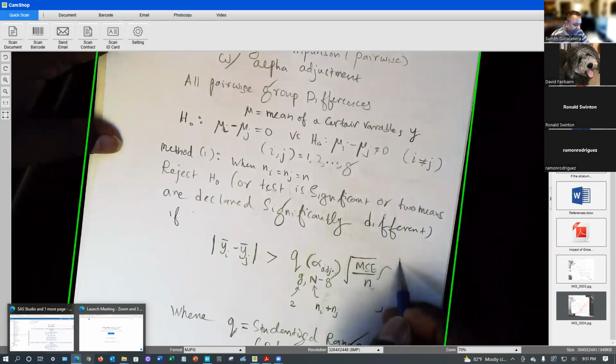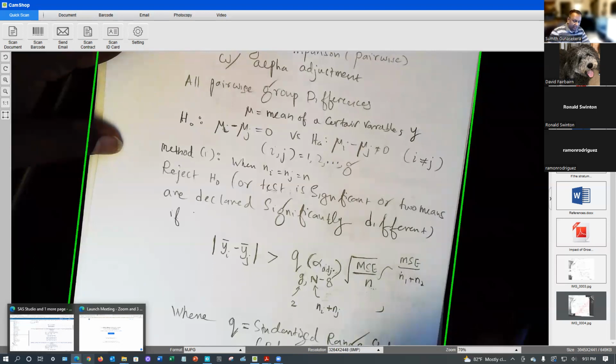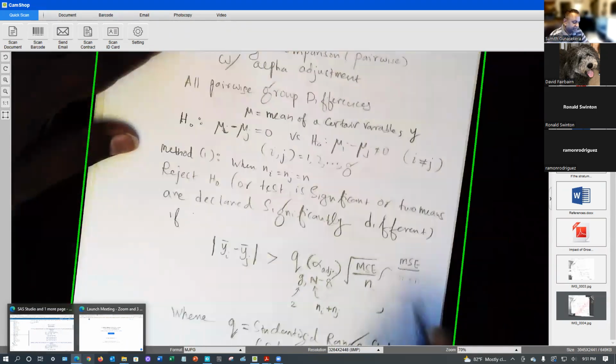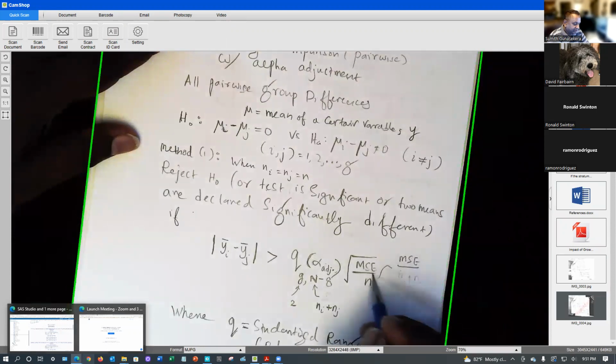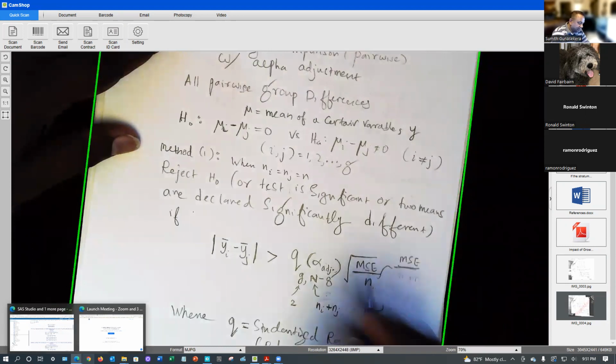Then I'm going to say mean squared error divided by this one, 1 over n1 plus 1 over n2. Sorry, 1 over n1. This one should be mean squared error.